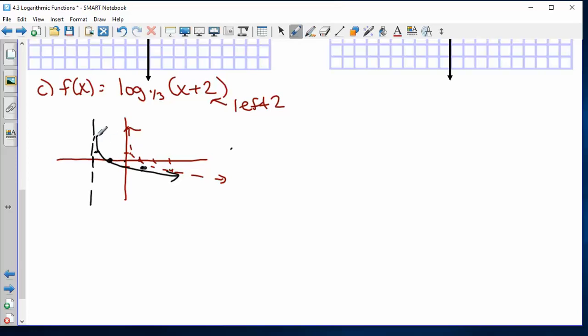And our graph looks something like that. So make sure you watch with those transformations. If you're moving left or right, this time it is going to move your vertical asymptote.